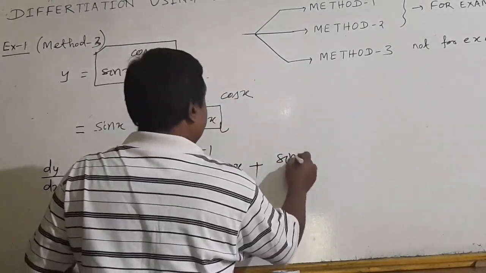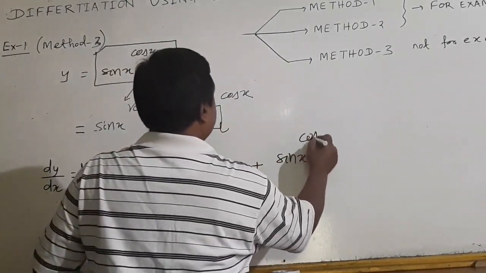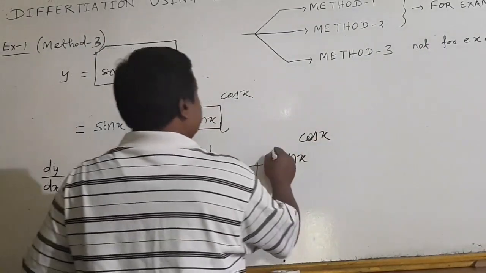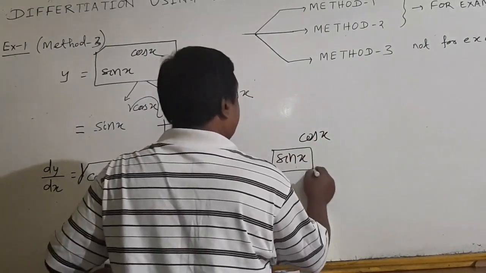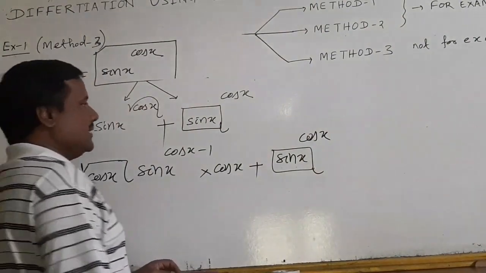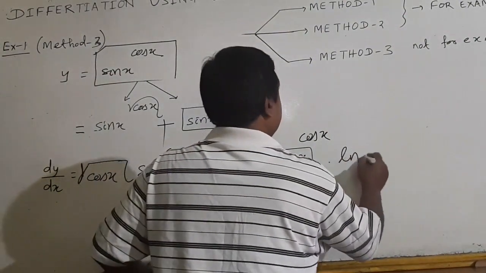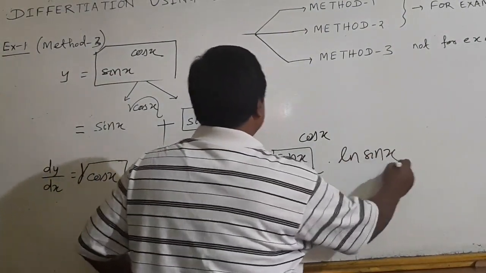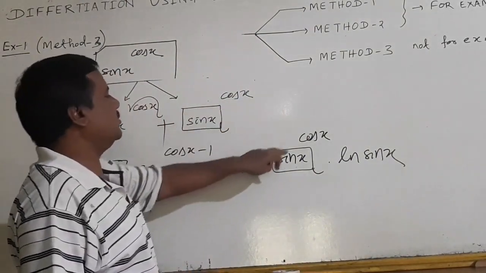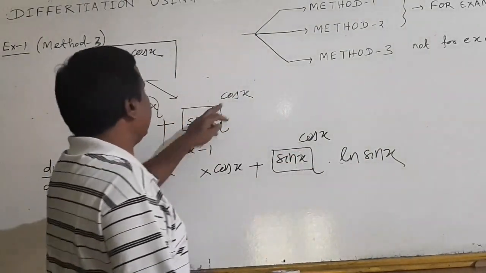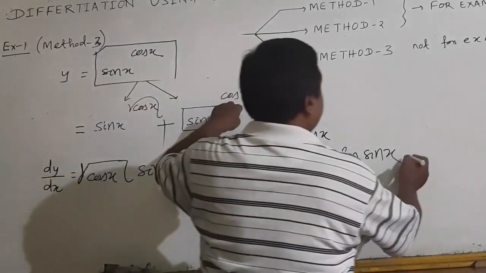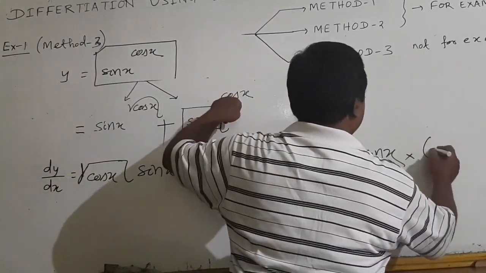Plus sin x to the power cos x. It is sin x to the power cos x meaning a to the power cos x. You know a to the power cos x, a to the power cos x ln a into d by dx of this variable, ln a means ln sin x. D by dx of this variable is what?